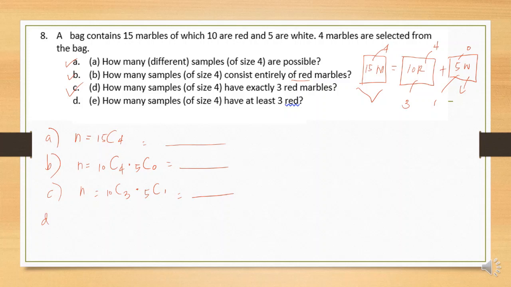And then letter D, how many samples have at least 3 red? Okay? So, at least 3 red. Pag sinabing at least, ibig sabihin, pinakamababa yung 3 na may red ka, pero pwede ring 4 ang red mo.